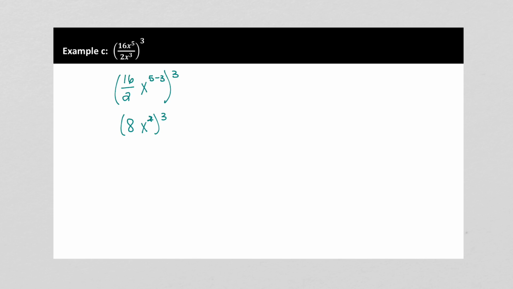So we'll just essentially distribute the 3. 8 to the 3rd. Yes, you raise the 8 to the 3rd power also. Times x to the 2 times 3. 8 cubed is 512. Go ahead and write that out. x to the 6th. And that concludes the section on exponents.